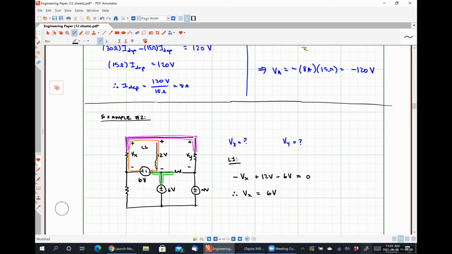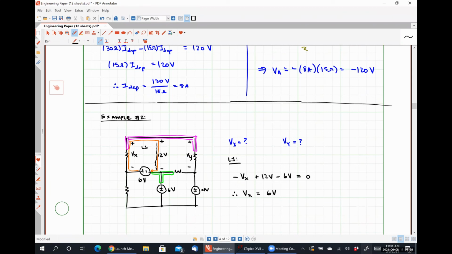Okay, so I guess the fundamental misunderstanding here is that when I'm writing an equation for Kirchhoff's voltage law, they expect that I have to write it around a closed loop, meaning that all of the different parts of my Kirchhoff's voltage law equation have to be capable of carrying current.